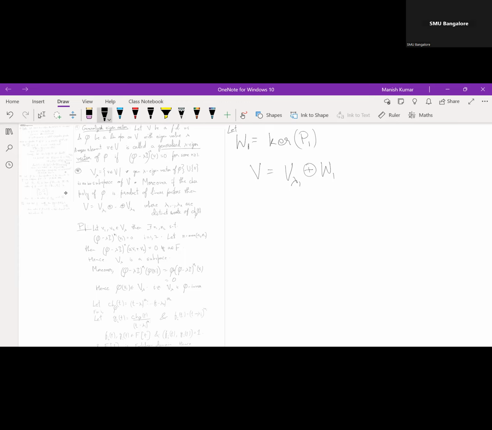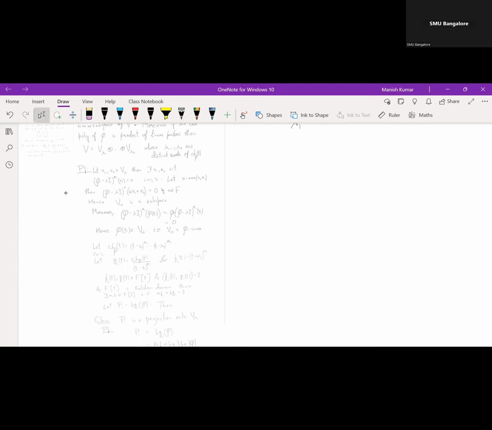Or can you think of W1 as image of some linear operator? Like we saw, V_lambda1 was image of g_i(phi), yeah? Or g_1(phi) in this one.